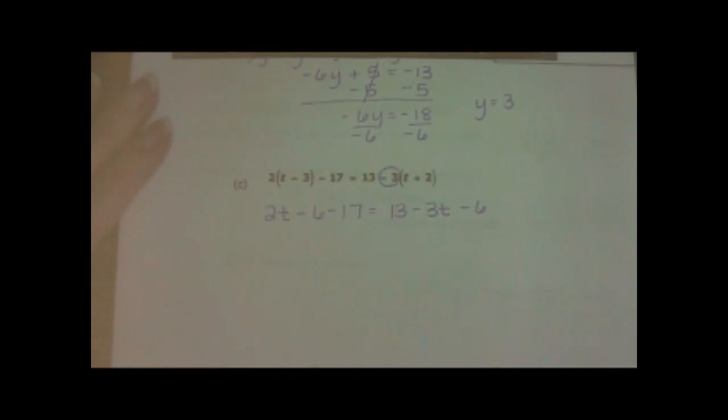From here, what would you do? Combine like terms. So negative 6 and negative 17 is negative 23. So 2t minus 23. This is negative 3t, and then 13 minus 6 is going to give me plus 7. What would you do next? Add 3t. Get all those t's on one side.